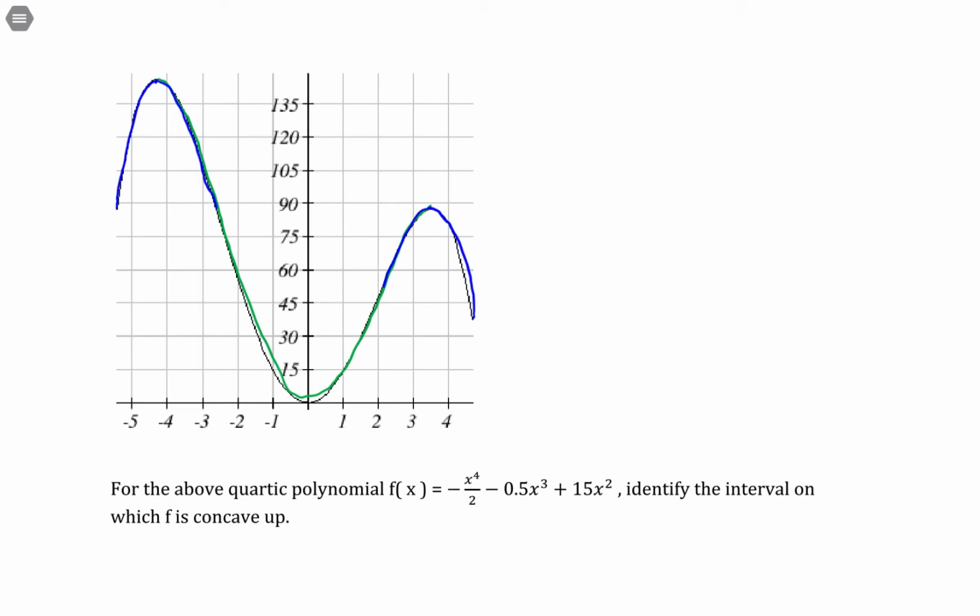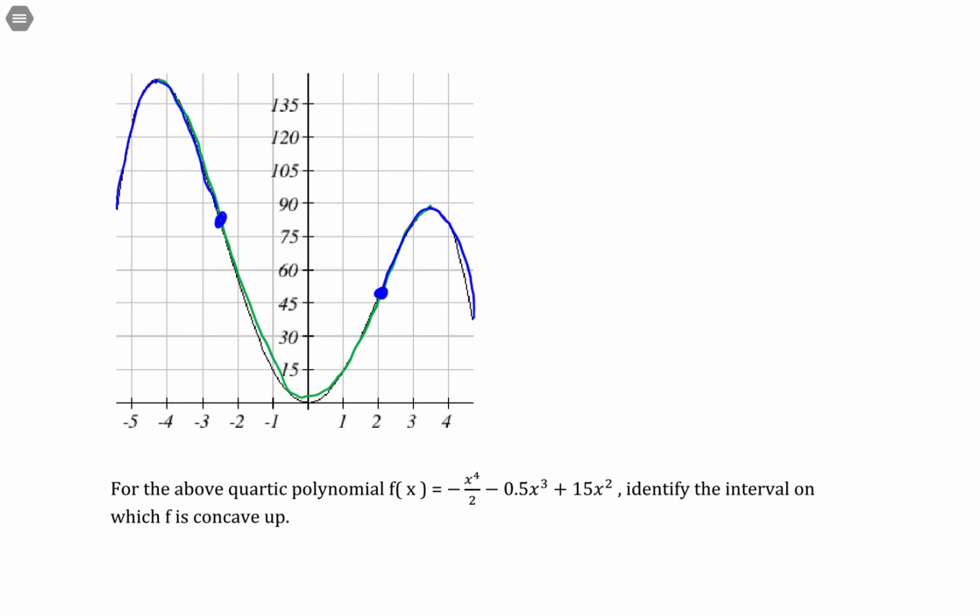So the thing is, inflection points are a little tougher to discern than minimums and maximums. But looking at this, it looks to me like the inflection point's right about there, where it changes concavity, and then here, maybe about right there.